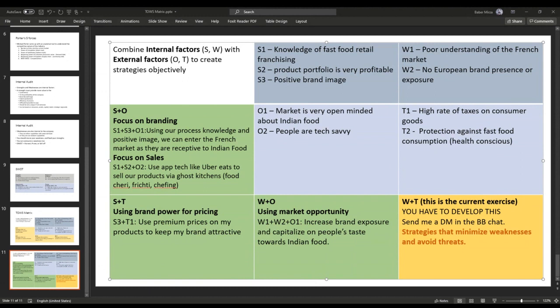So moving ahead, what I did was I created some strategies for you guys, and I enumerated them. Let me make this a little bigger. I'm going to remove this part. I want to highlight this a bit.